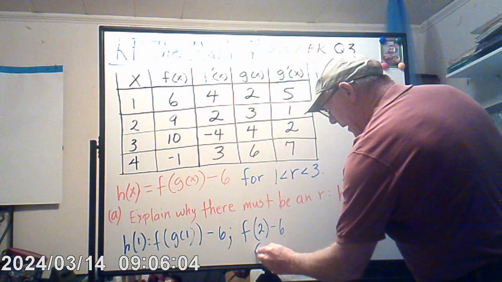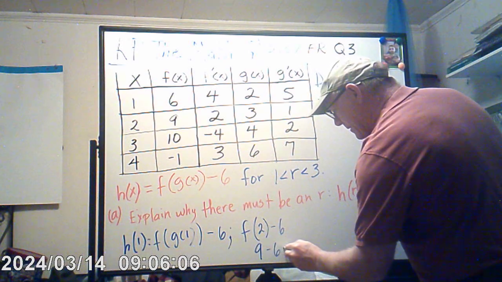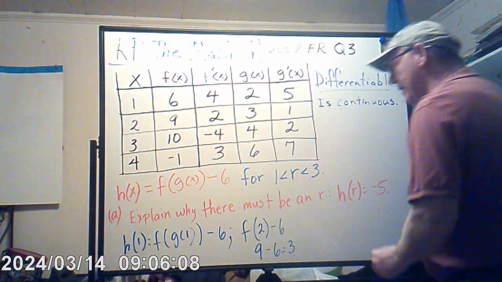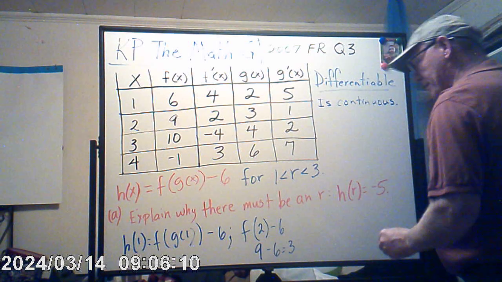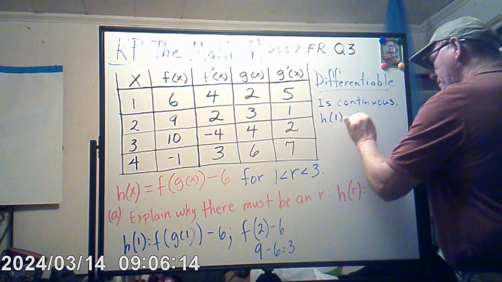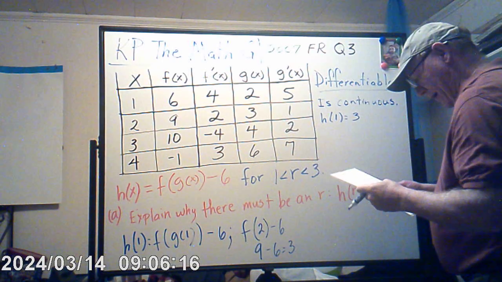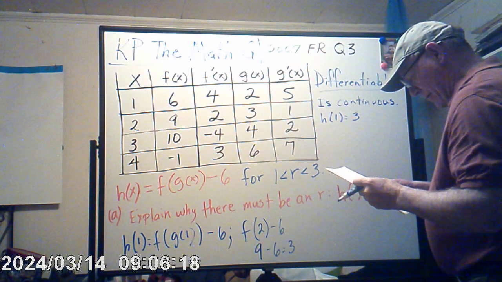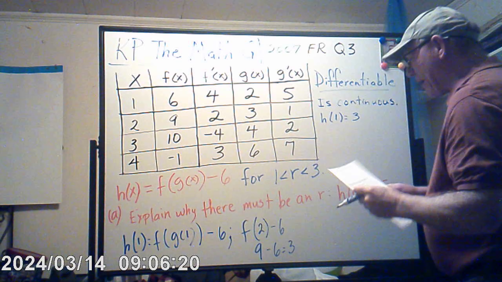So 9 minus 6 equals 3. So h at 1 is equal to 3. And that's what I got.